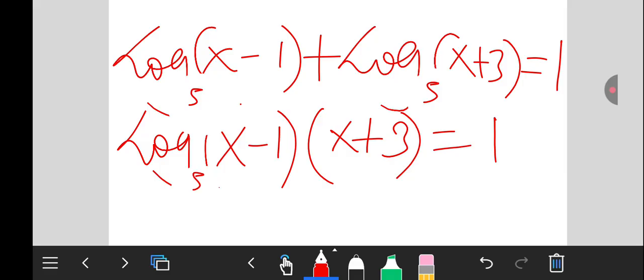Okay, so we can change this logarithmic expression into exponential form. Let me go to the next slide.